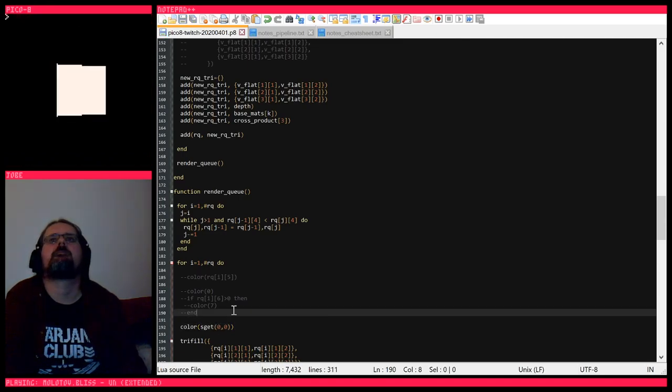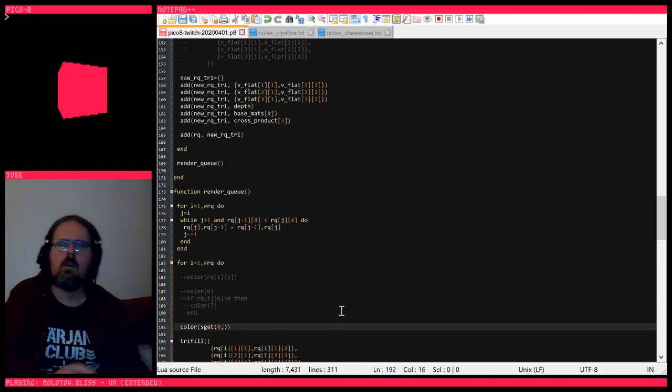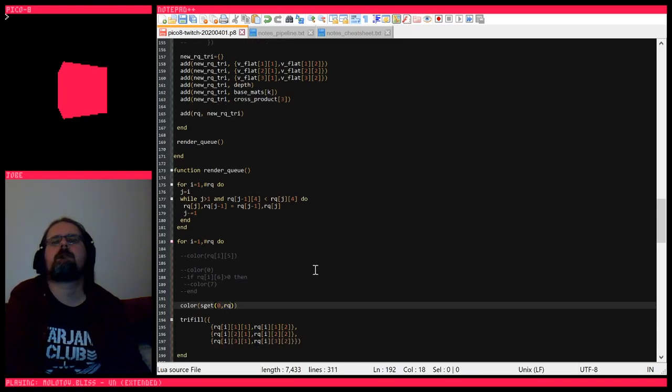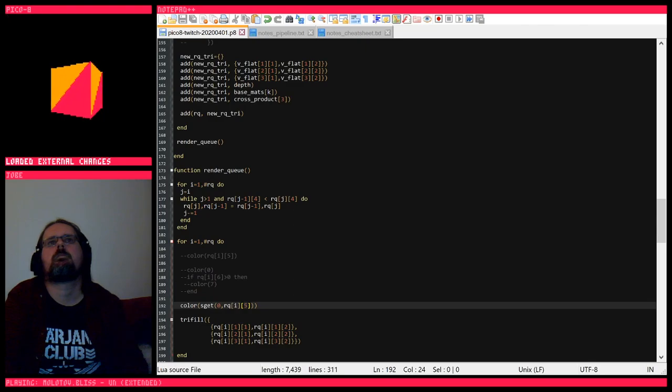Let's see. Yes. And now we can actually use the material value to change the y. So that was 5. And now we should have red and yellow triangles. Yes, we do.